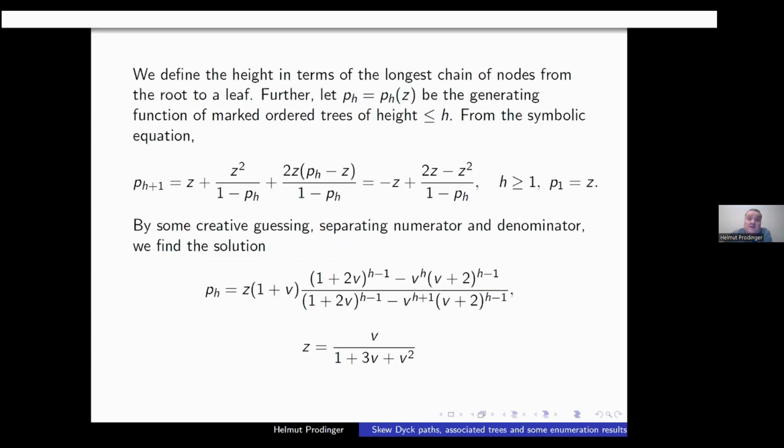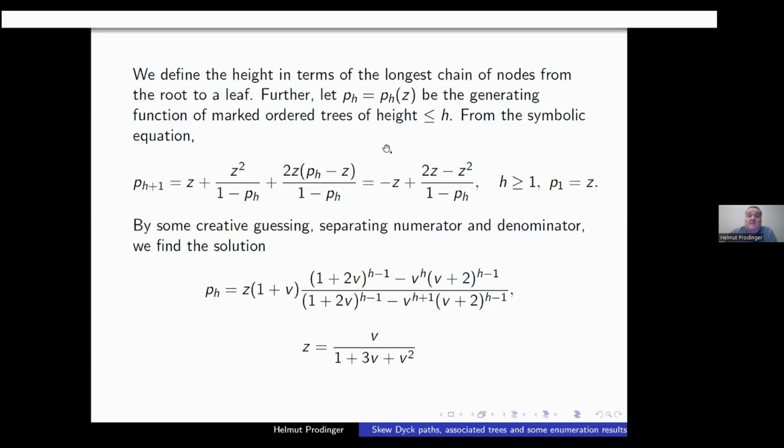We can actually introduce the height, and that is the longest chain of nodes from the root to a leaf, as it always is. And now we have these marked trees. And so if we say generating functions and h is a parameter, then we say the height should be less than or equal to h.